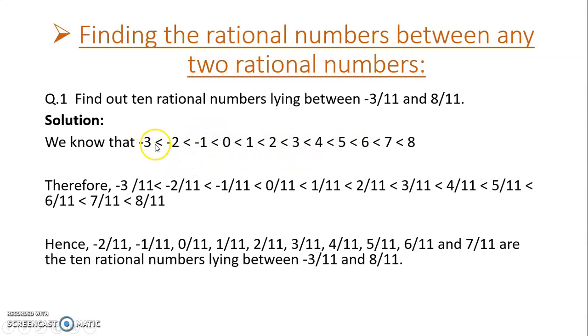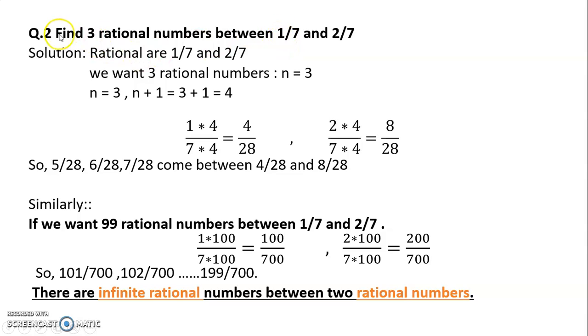But in the next question, they have said to find three rational numbers between 1 and 2, so that means we have to do something else. Yes, the denominator in these numbers is also 7. Let's see how to do this.